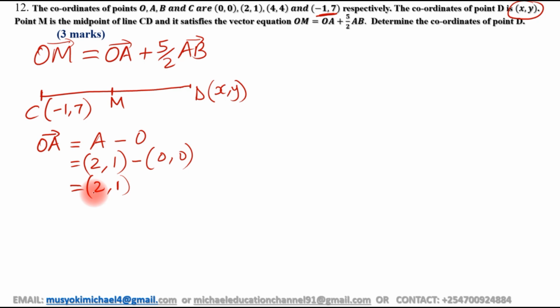The x coordinate is 2 minus 0, and then 1 minus 0 is 1. So OA is (2, 1).